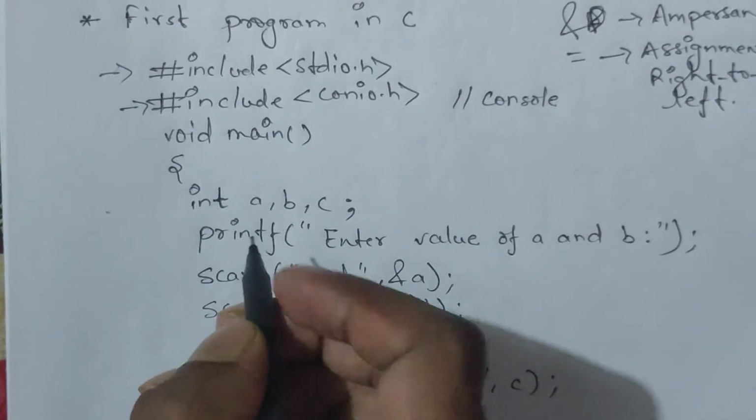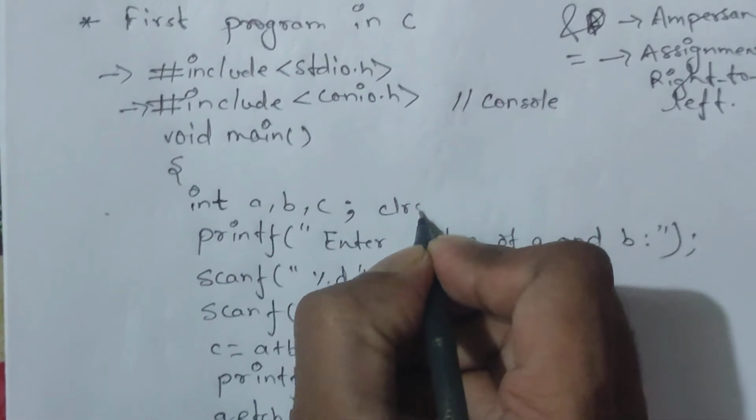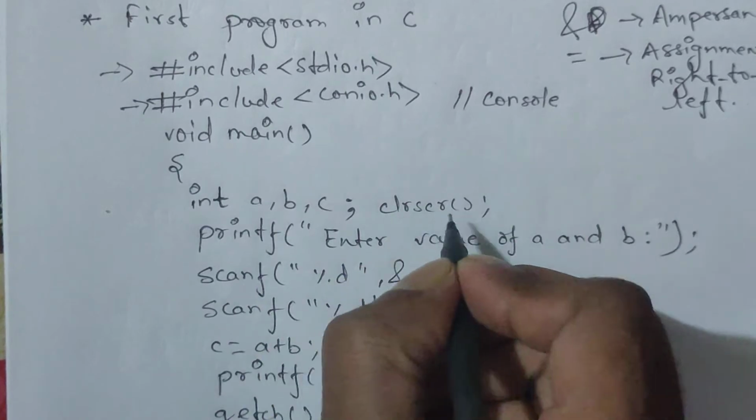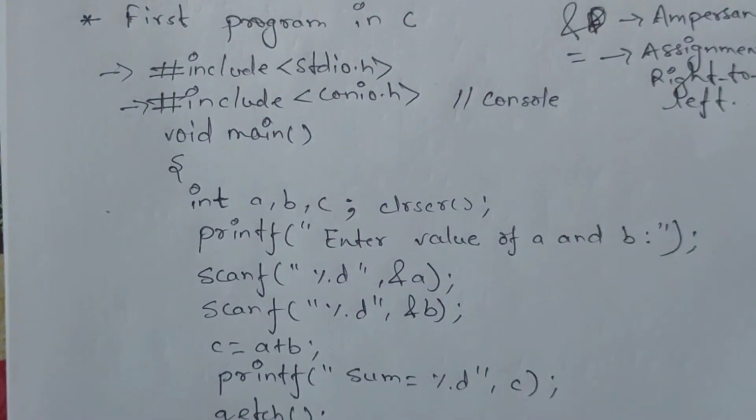Let's see what will be there in this. I will show you directly. You can see the clear screen function. If you are running a program on a compiler, you will see some previous output. If you don't want to see that previous output, you have to use the function named clrscr, that is the clear screen function, which also comes under the conio.h header file.